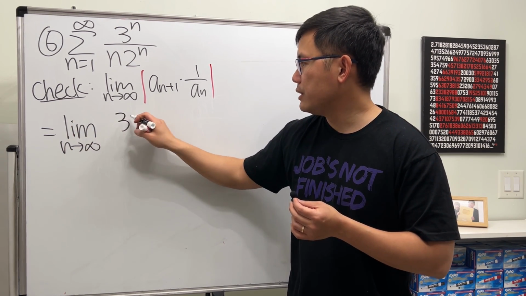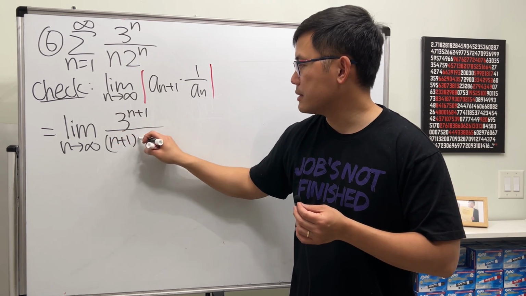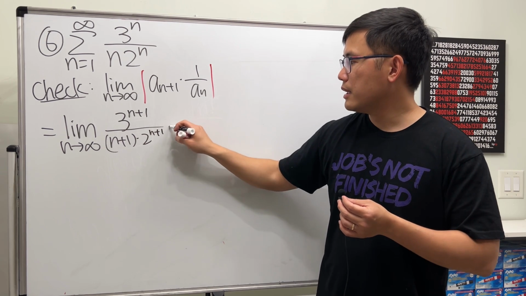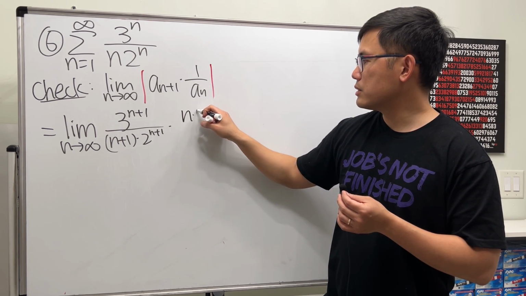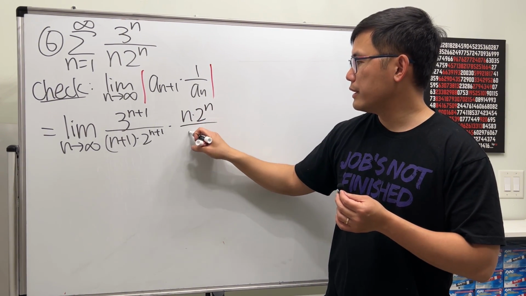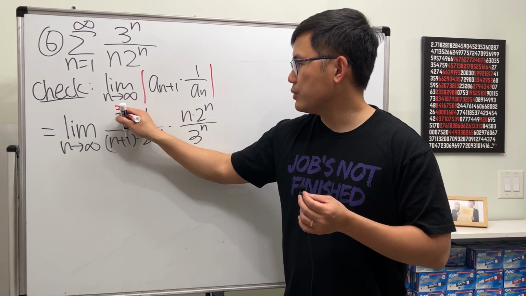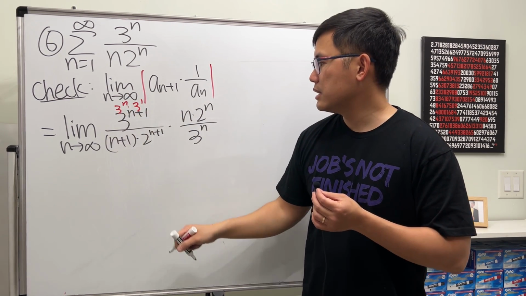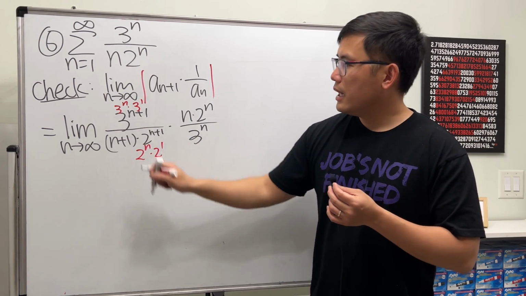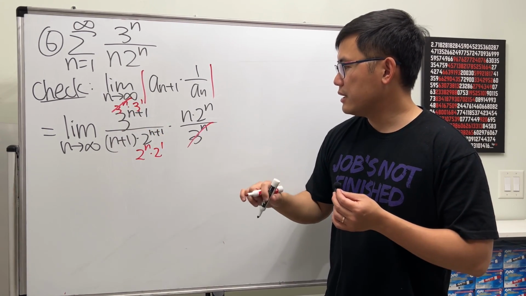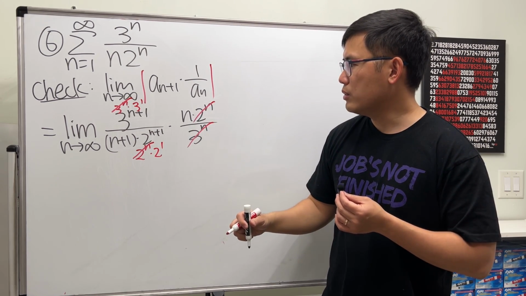We have 3 to the n plus 1 over n plus 1 times 2 to the n plus 1, and then the reciprocal of that, which is n times 2 to the n over 3 to the n. Now break things apart. This right here is 3 to the n times 3 to the first. This right here is the same as 2 to the n times 2 to the first. 3 to the n cancel, and 2 to the n cancel.